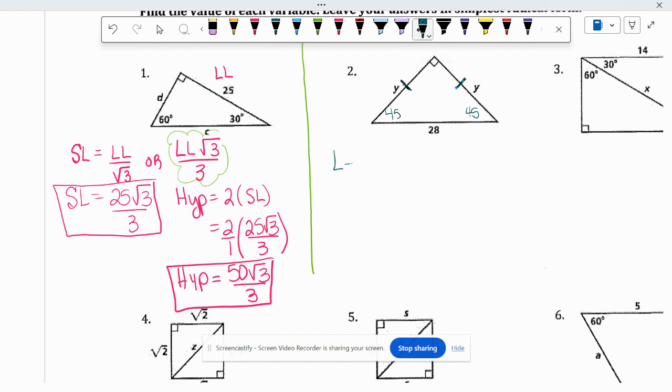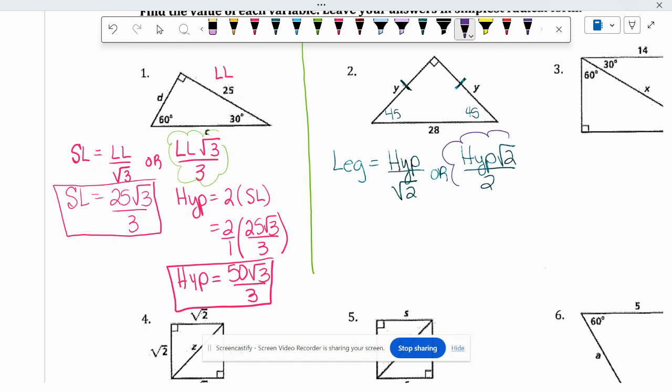If I want to find the leg, I take the hypotenuse and divide it by the square root of 2, or I take the hypotenuse times the square root of 2 all over 2. Which one of these am I going to use? What method am I going to use?